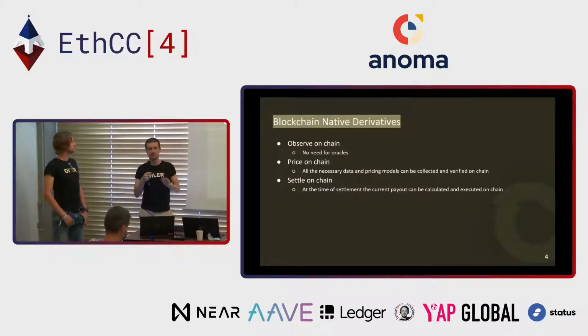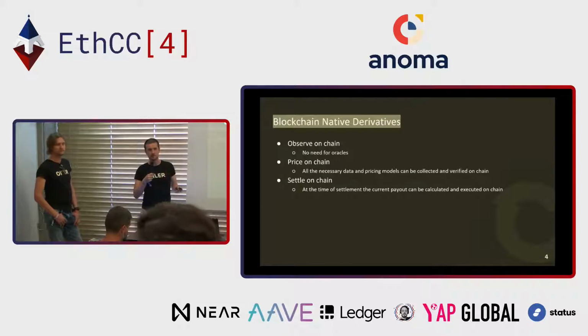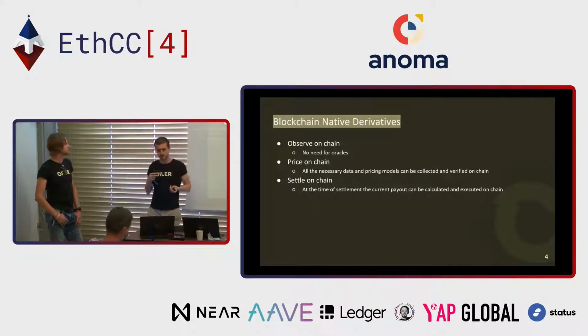It can be priced on-chain, not only because there is data on-chain to price it, but also because the tooling and the algorithms are viable on-chain, so you can execute them within the gas limits. And it can be settled on-chain, so you have all the tooling around the smart contracts that allows you to use that price information, to use the data from the blockchain, and calculate the payout of the given financial instrument.